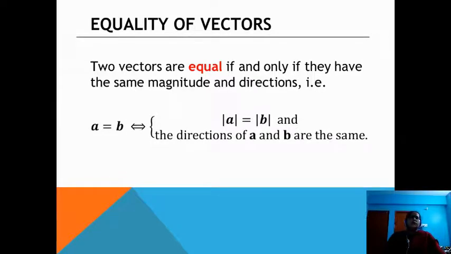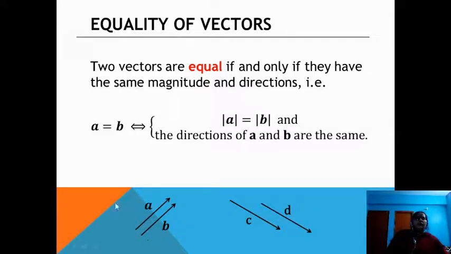If we are talking about two vectors A and B, they will be equal if and only if mod A equals mod B and the directions of A and B are the same. Here in these figures, it's obvious that A and B are equal vectors because they have the same length and the same direction. On the other hand, C and D are also equal vectors.